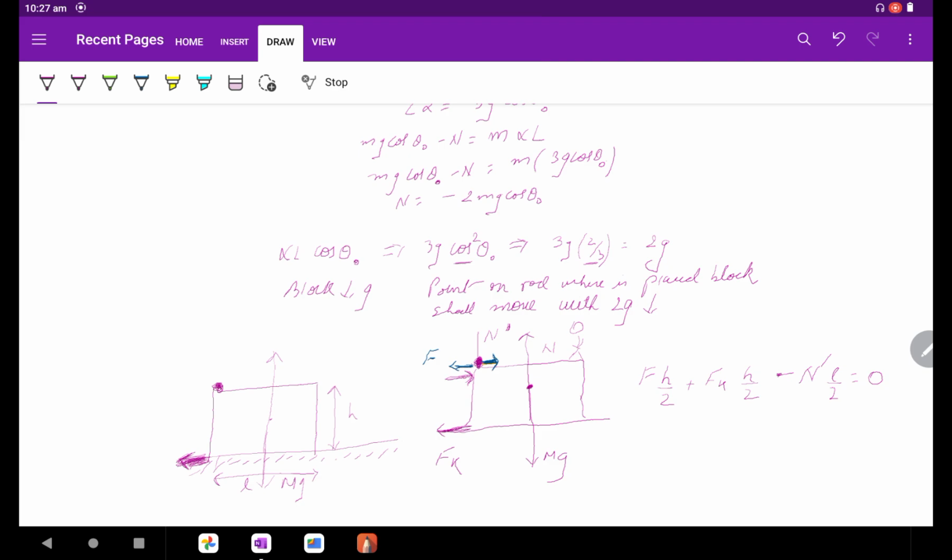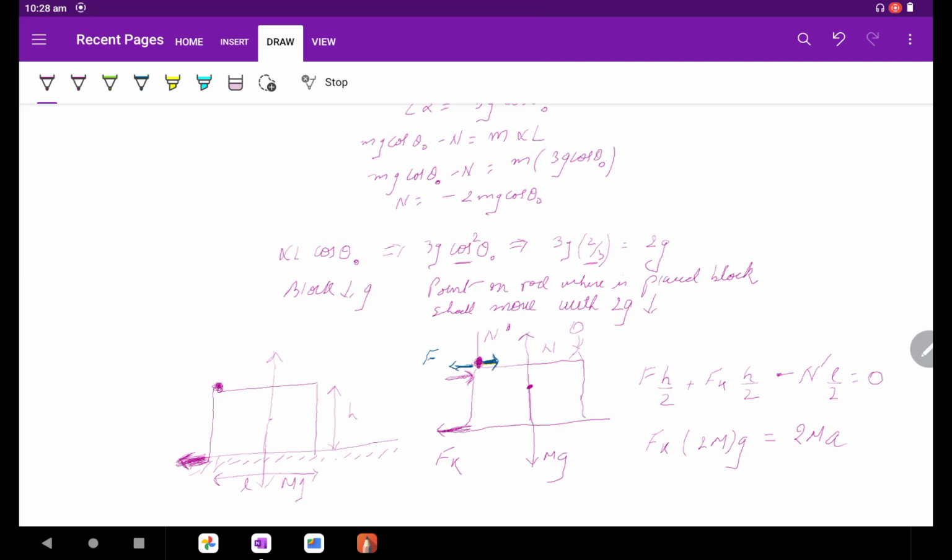Now, how do we calculate the acceleration of the frame? The frame that we are put up on, if we take the entire system to be a unit having mass 2m, then Fk, which is mu k into normal, which is 2mg, should be equal to 2m into a. Right?